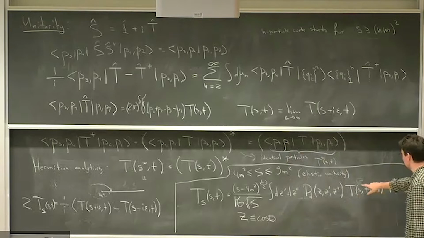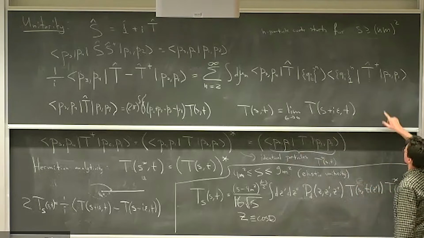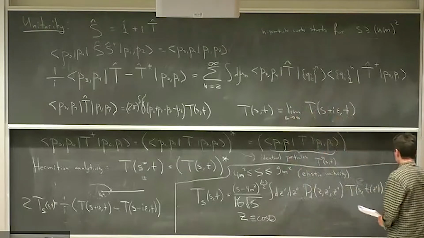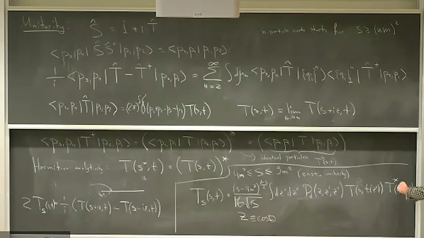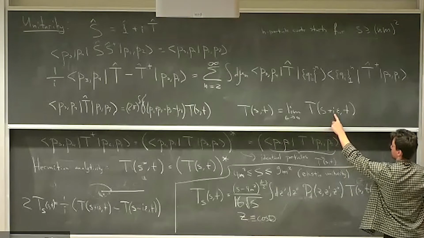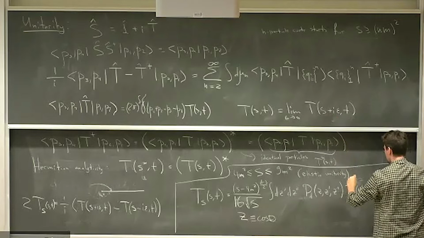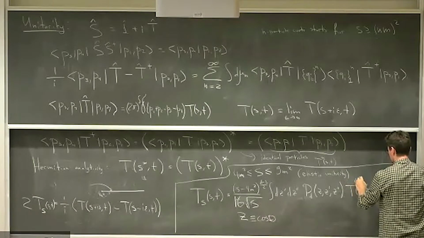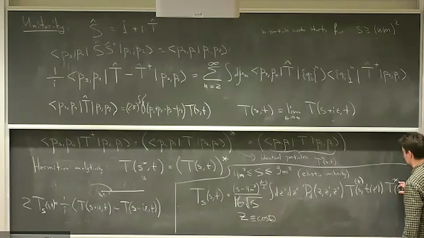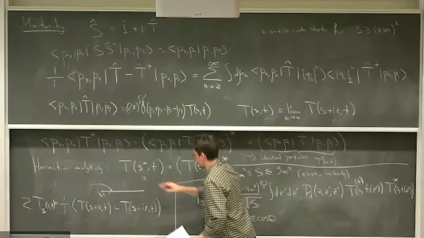Second, this T and T star arose from T dagger and T. Here, as I just explained, what we call T is approaching S from above. Sometimes we denote it as a plus. And T star, by Hermitian analyticity, is the same as approaching S from below.